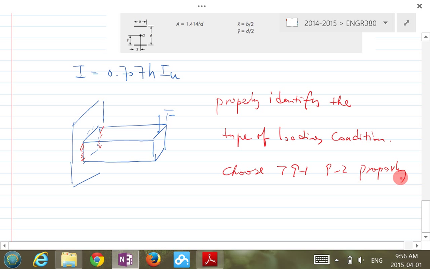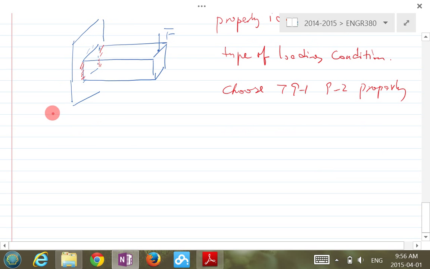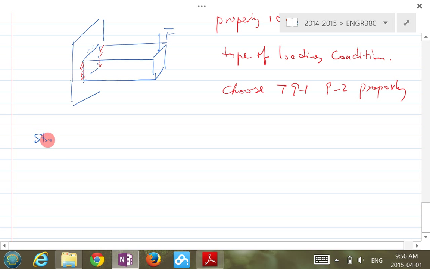All right, so now let's go into the stresses concept, and then we look at an example altogether. Stresses of welded joints.